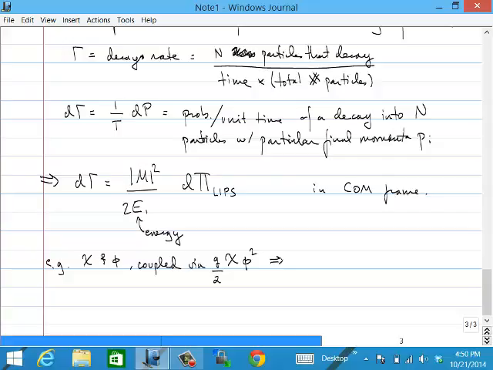Then you could go ahead and compute the decay rate, and it would be equal to some kinematic factors times g squared. Okay. Coming from the Feynman diagram where one chi splits into two phi's. And it will be proportional to these various kinematic factors as well.